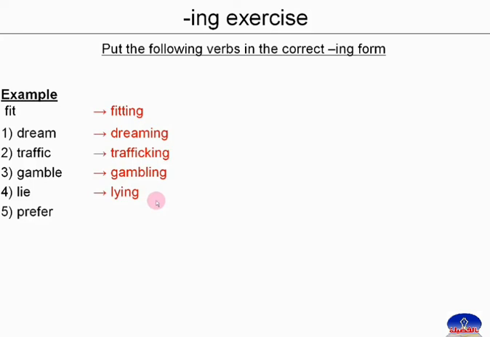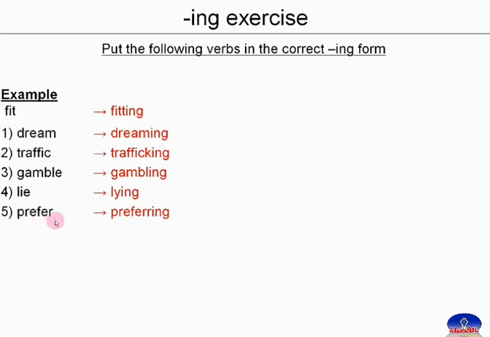Question 5. Preferring. So the verb ends in a single vowel, a single consonant, which is not a letter W, X or Y. There are 2 syllables, and the second syllable is stressed.